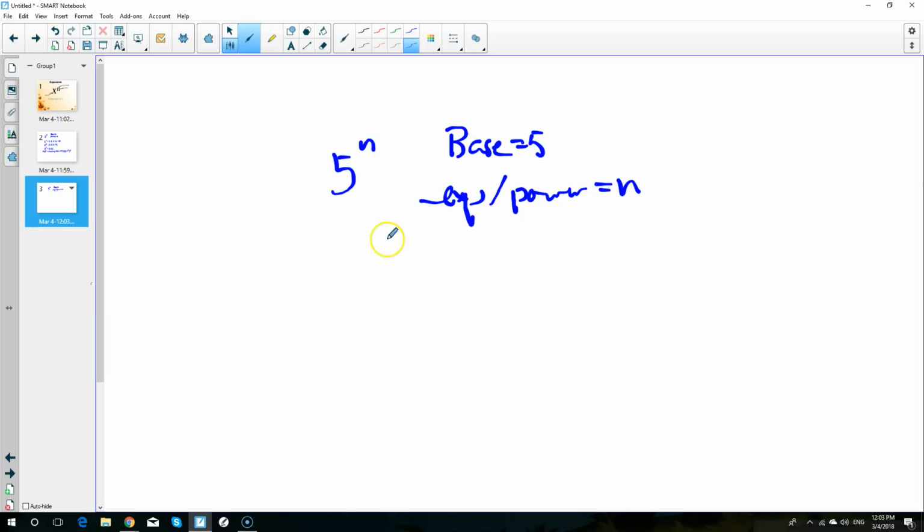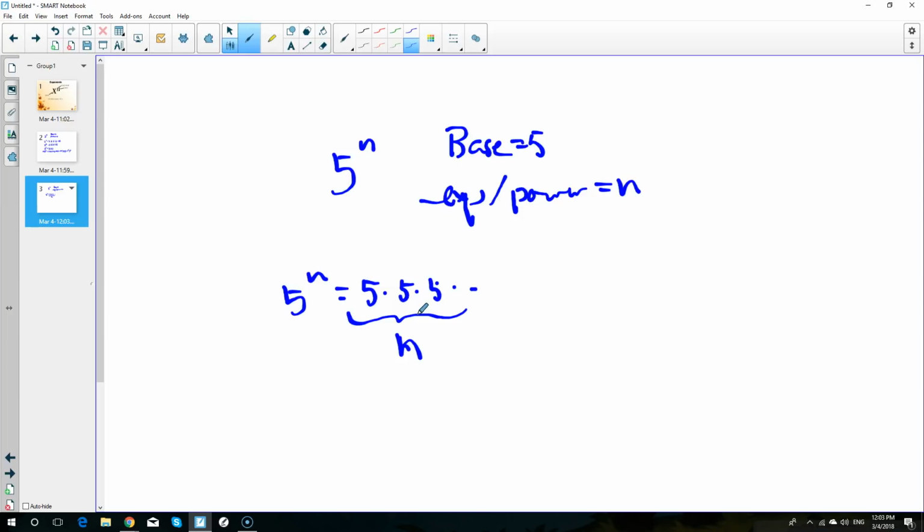So for this one, it's a little bit more difficult to understand because I'm multiplying this n number of times. We don't really know how many times, but we are just going to do it. So this is going to go on, n number of times. And the n could be 10, it could be 11, it could be 100. And so this whole thing is how we do the exponents.